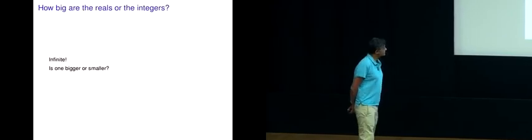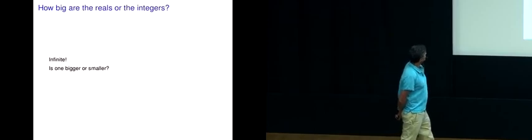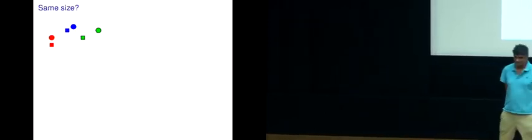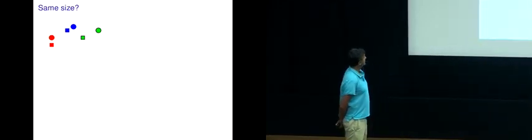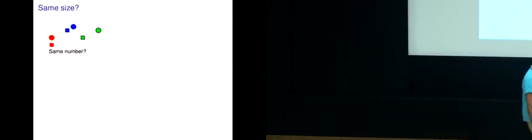So the first question is how do you even tell if two things are the same size? Are there the same number of squares and the same number of circles up there? Yes. Why? It's like, do I have the same number of fingers on this hand as I do on this hand?